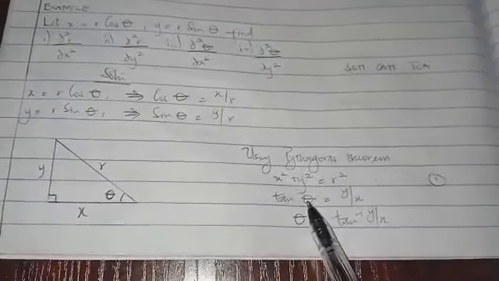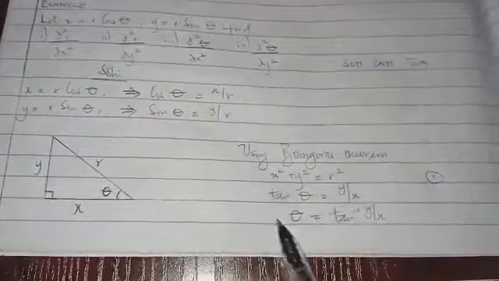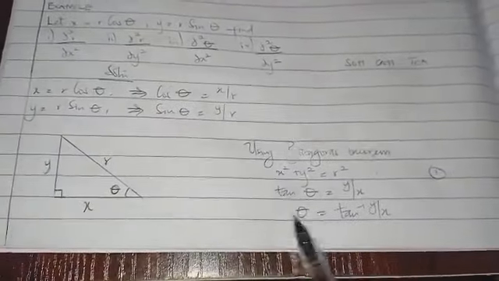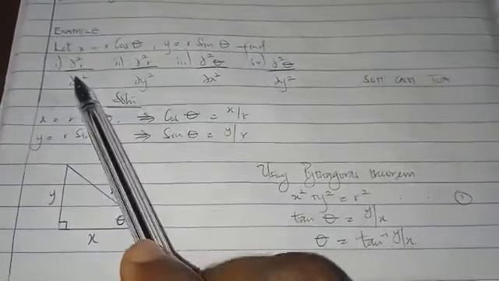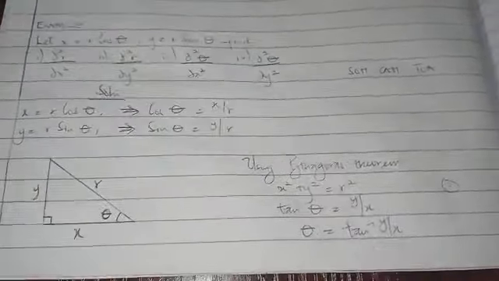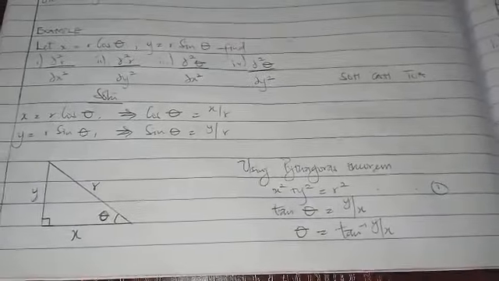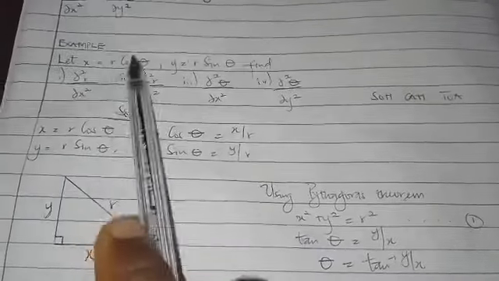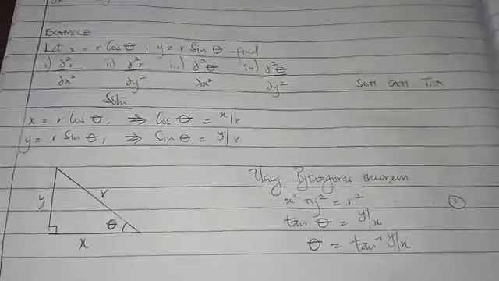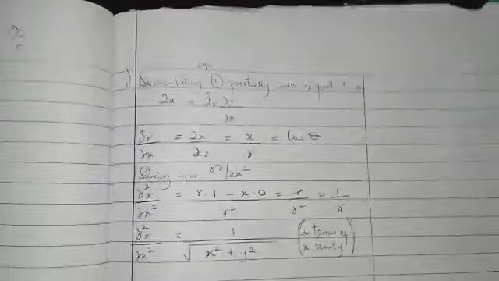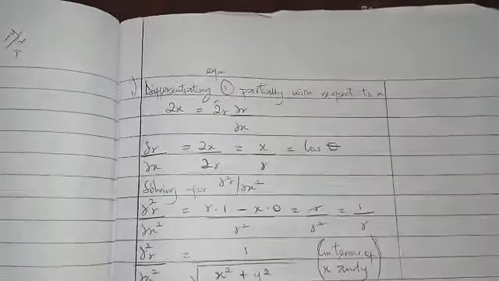With this equation, taking tan inverse of both sides, theta is equal to tan inverse of y over x. Theta is a function of y, theta is a function of x. So it's very much possible to solve for any of these. That's why we are doing this. We can't just solve for them from here.